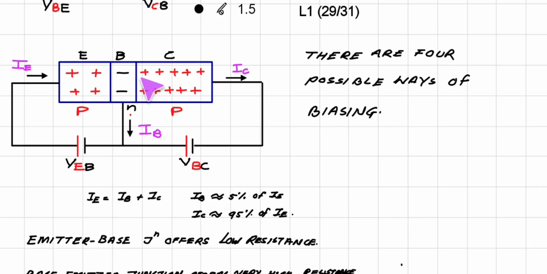So we should concentrate on the fact that whatever current IE flows through the first junction, which has a very low resistance, more than 95%, and if we consider IB equal to 0, almost 100% of the same current flows through the collector. So current is flowing from a lower resistance region to a higher resistance region, and this way we can say it is taking part in amplification.